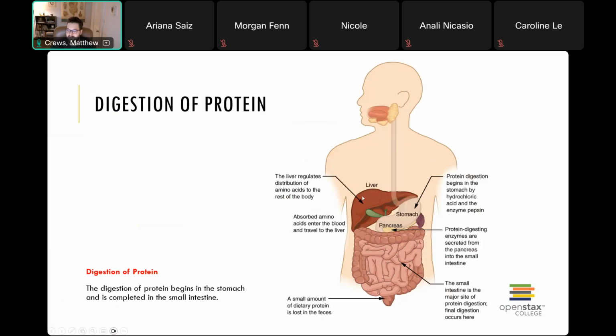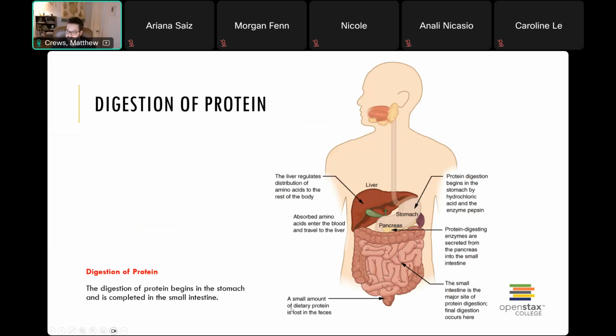The liver also will package up fats and cholesterols, too. So the liver acts almost like an Amazon Prime. The distributors send their packages to the liver, and that sends it throughout the body. So the amino acids enter the bloodstream, travel to the liver, get packaged, and then distributed.